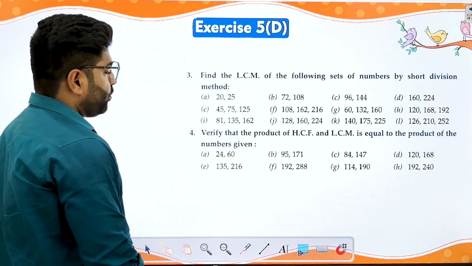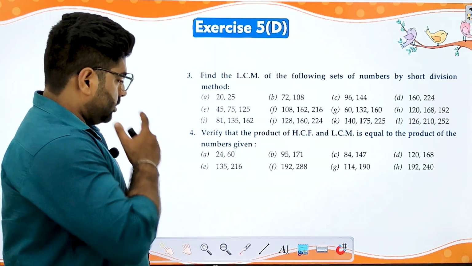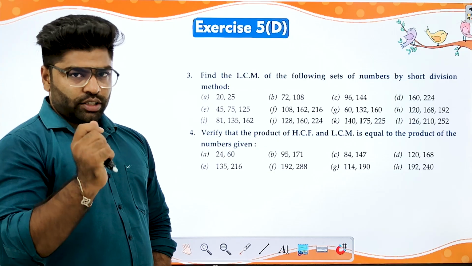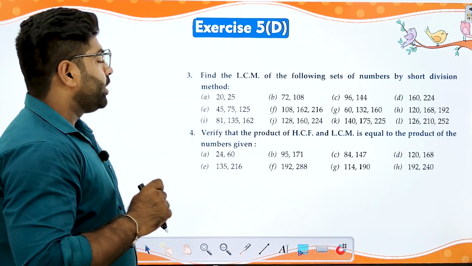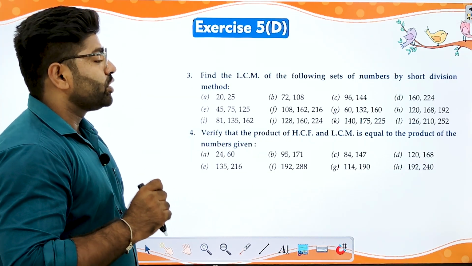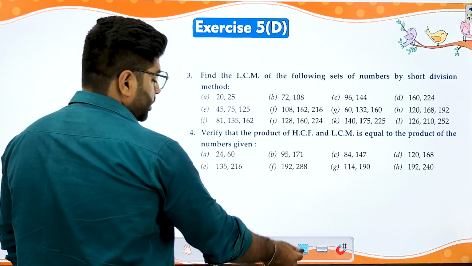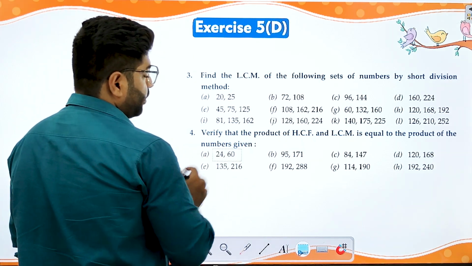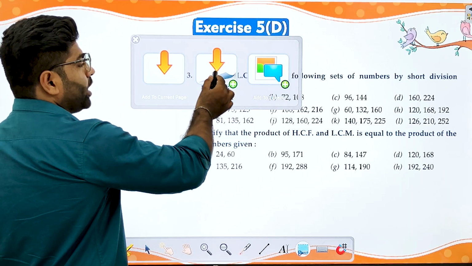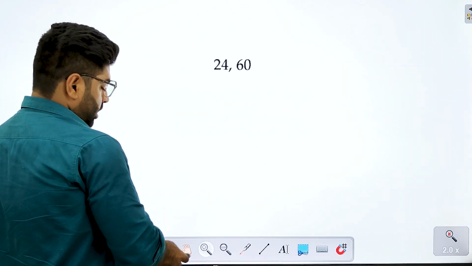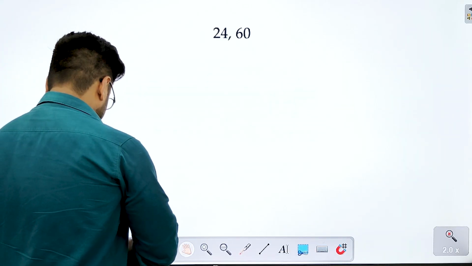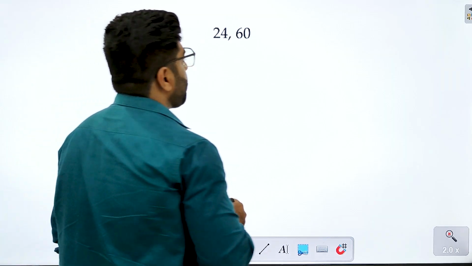Okay, next is question number 4. We are having one more property here. Verify that the product of LCM and HCF is equal to the product of their numbers. The first thing we are going to do is take one pair of numbers, that is 24 and 60. First we have to find out the LCM and HCF.